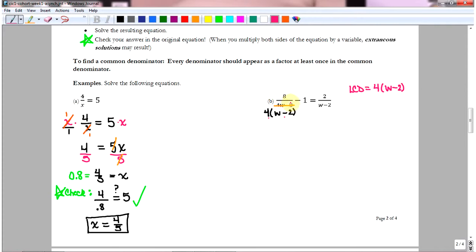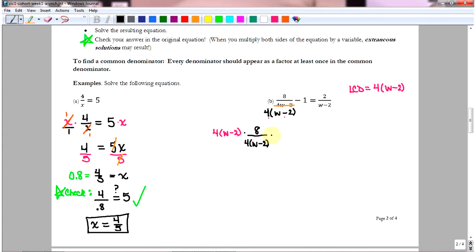Now on my left, since I have two terms, I'm just going to write my 4 times w minus 2 times each of those. So that'll save us a step from having to write out the distributive property. So 4 times w minus 2 times 8 over 4 times w minus 2.